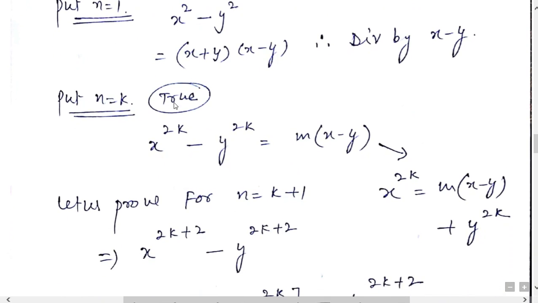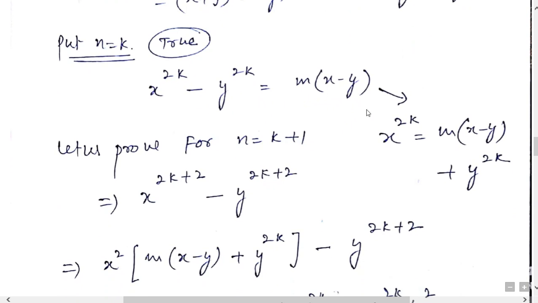Then for the second step, for n is equal to k, let it be true. x raised to power 2k minus y raised to power 2k is equal to m into x minus y. Now, as I discussed in a previous question, you have to find some value from step number 2.